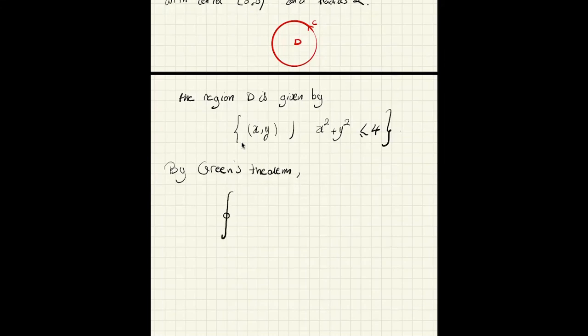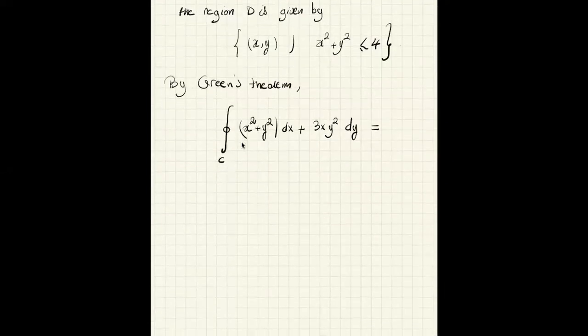If you want to integrate this, it's the integral over the region D of, as I say, this is P and this is Q, so it's dQ/dx minus dP/dy dA.